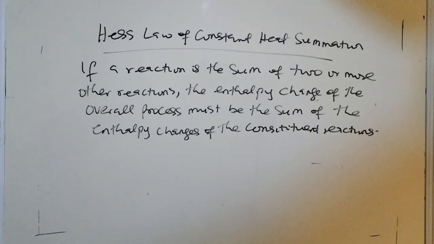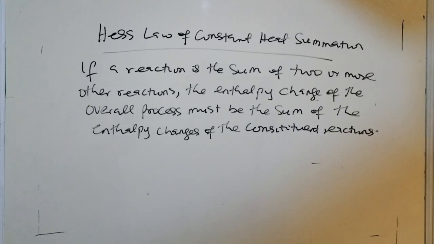I repeat, if a reaction is the sum of two or more other reactions, the enthalpy change of the overall process must be the sum of the enthalpy changes of the constituent reactions.